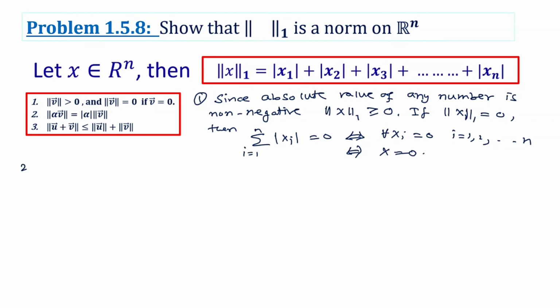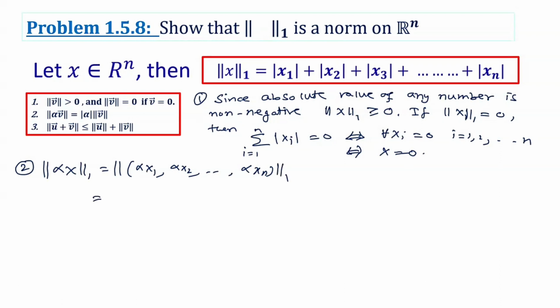Now for the second one, again the norm of αx. When we multiply by α, it will be αx1, αx2, up to αxn, and then the norm 1.